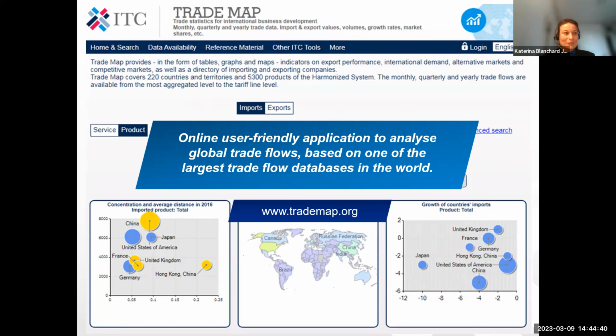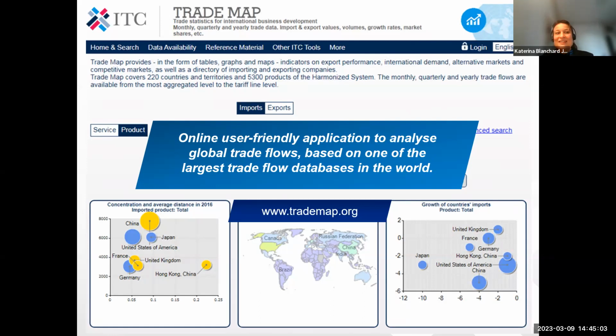And now she would like to learn a little bit more about the demand, about the recent trade developments for this product, about identifying the dynamic markets for this product, and more. And for this, we have the second tool, which is Trade Map.